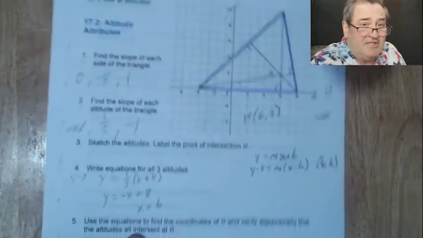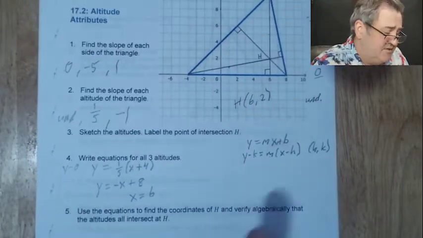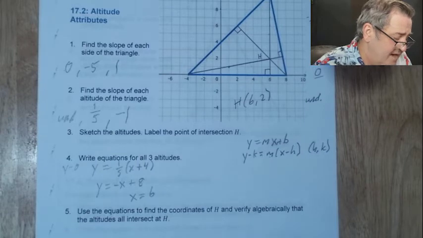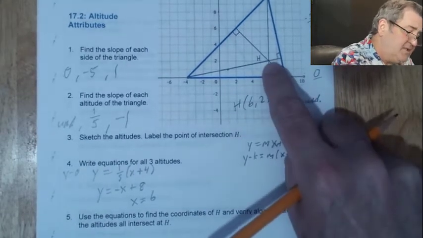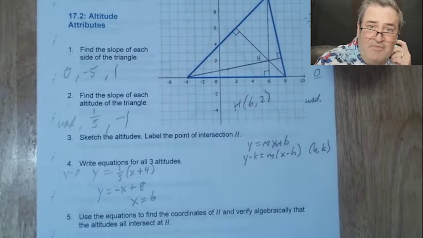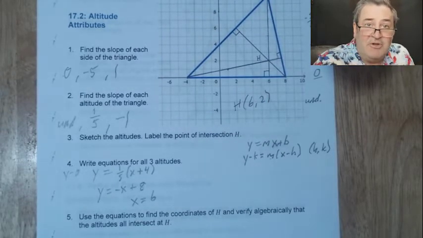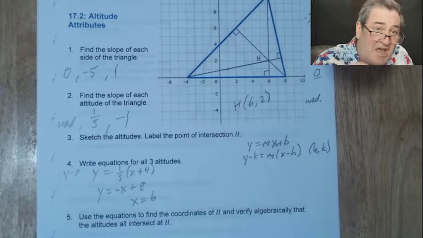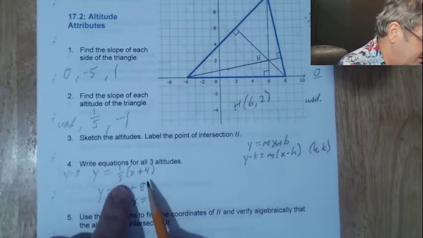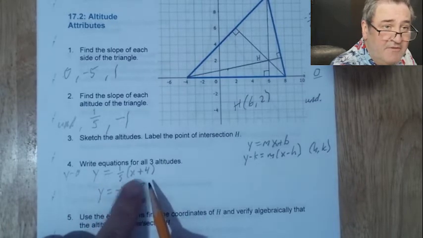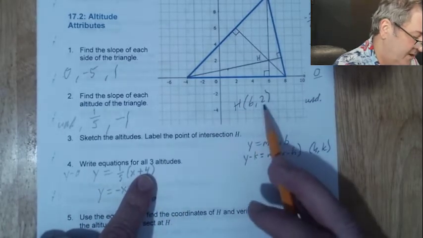So it says use these equations to find the coordinates of H and verify algebraically that they all intersect at H. So if 6, 2 really is the point of intersection, then that point should be on every line. All right, if it's not on one of those lines, that's not the point of intersection. So I can go back to my equation, y equals 1/5 times x plus 4. And here's the point.